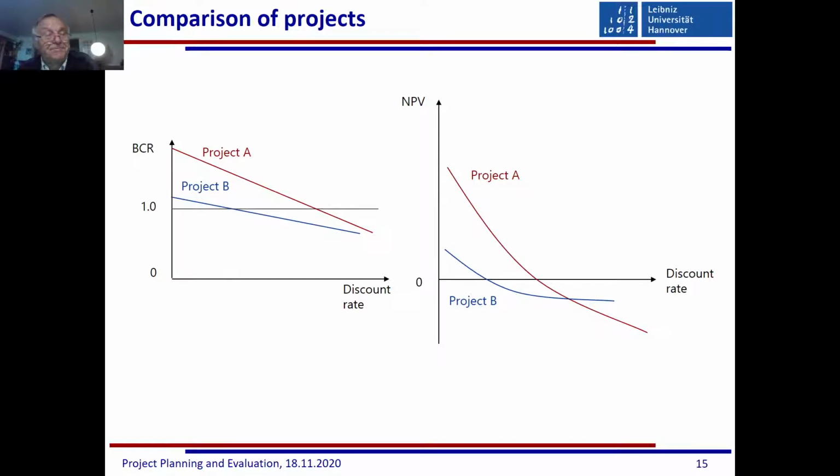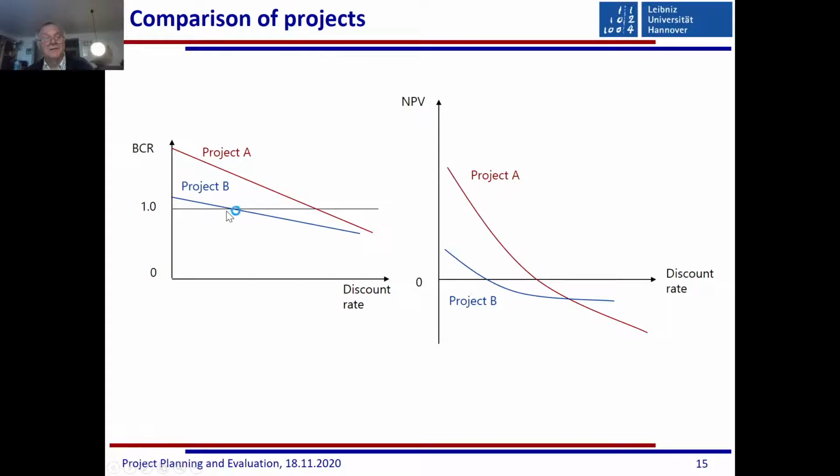If the project exceeds a benefit cost ratio of 1, then it would be acceptable. However, it all depends, and that's what I said several times, it all depends on the discount rate. Yeah. So here again is the relationship between, in this case, the benefit cost ratio and the discount rate.